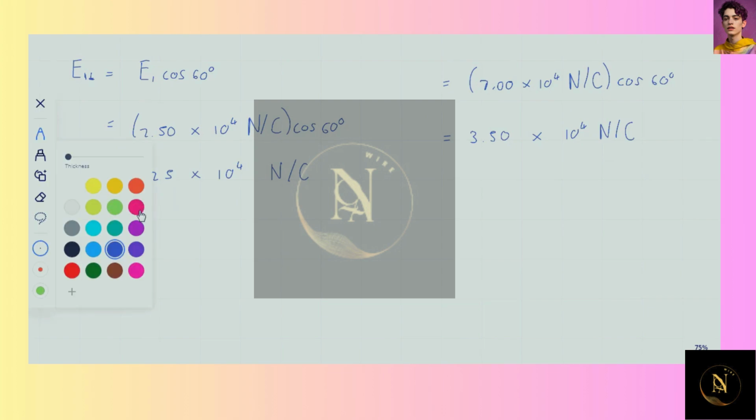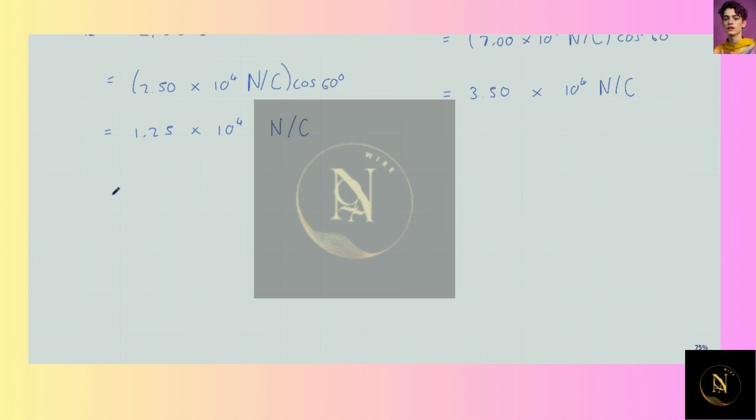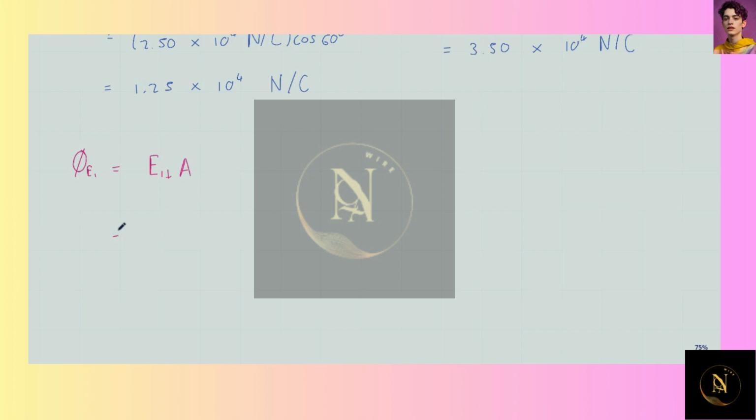Now that we have both of the electric fields, we can calculate the flux at both surfaces. So the left-hand side has flux, we'll call it phi E1, and this is equal to the perpendicular component of the electric field, E1 perpendicular, times the surface area A. And this is 1.25 times 10 to the 4 newtons per coulomb times the surface area of 3 times 10 to the minus 3 square meters.